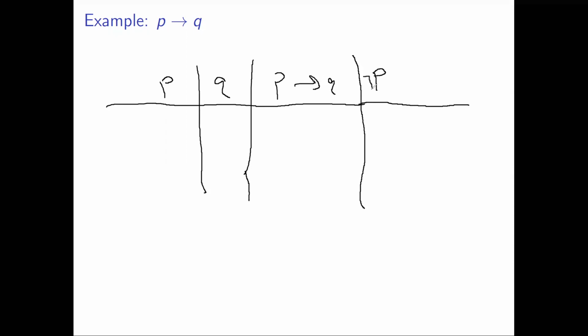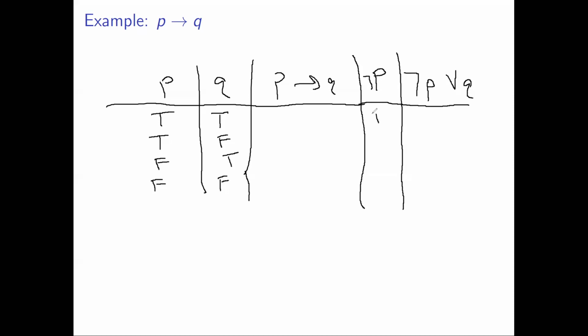So we'll do a not P column, and we'll have our not P or Q. So the thing I claimed a few slides ago that we showed in the video from last time, we'll do that again quickly, just so you don't have to look back at that video if you're wondering about it. So here we have P is true, Q is true, P is true, Q is false, P is false, Q is true, and P is false and Q is false.